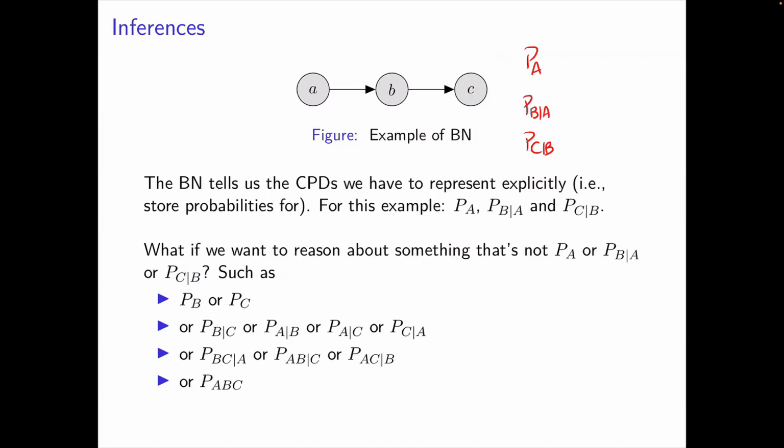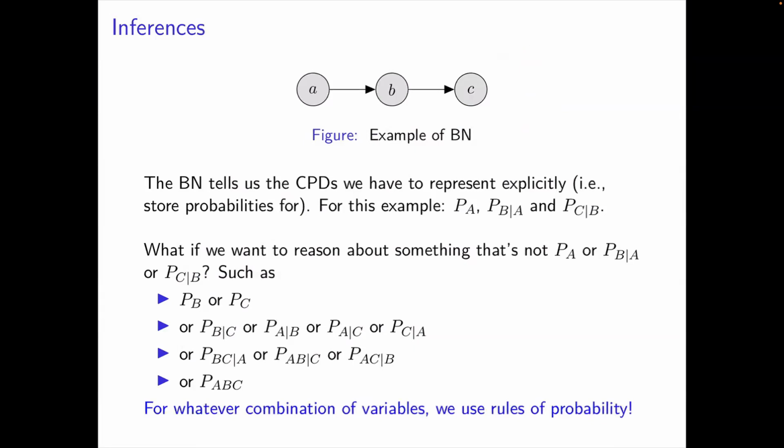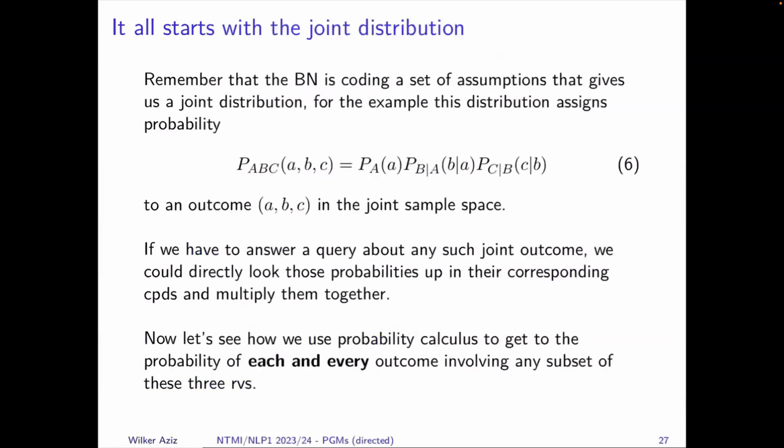We're going to do an example together. It all starts with the joint distribution. Remember the BN is coding a set of assumptions, conditional independence statements. So you can always look at the BN and start by figuring out how the probability of any joint assignment decomposes in terms of elementary factors.